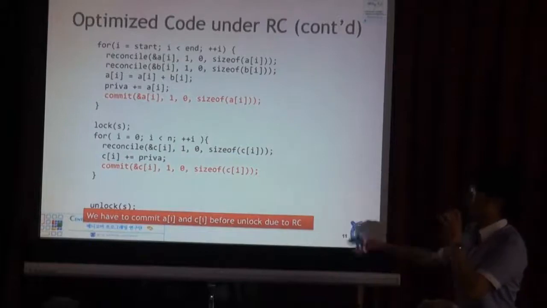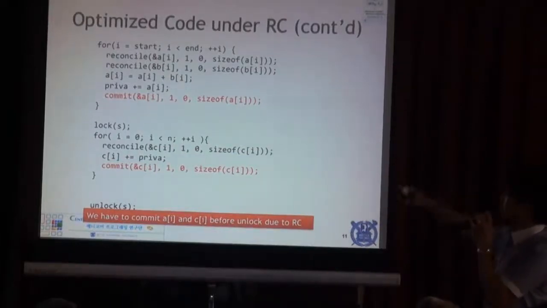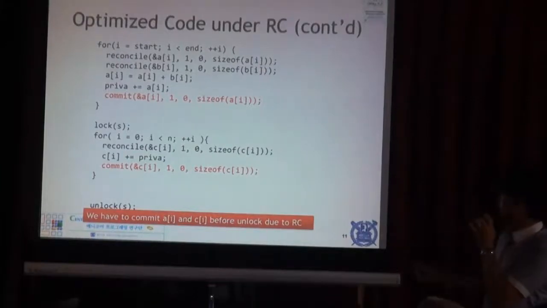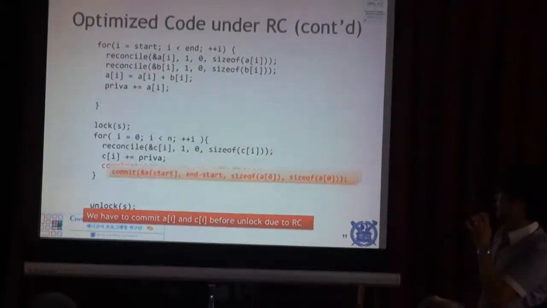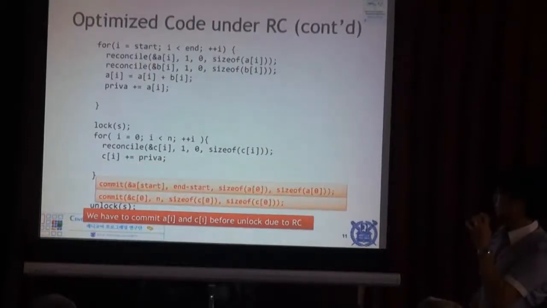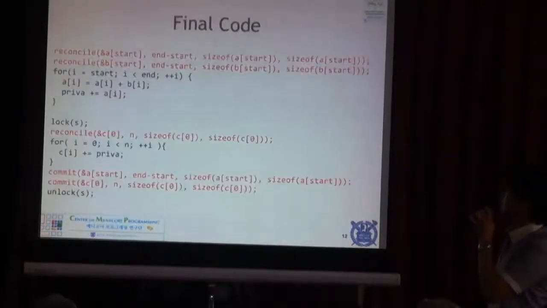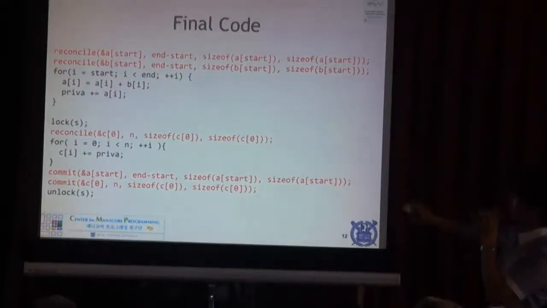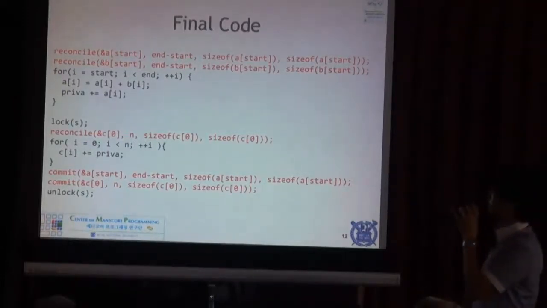In that case, core j cannot read the updated value of C. So we need a commit operation before the unlock. So this is the optimization, and this is our final code. We optimize the performance with this optimization.